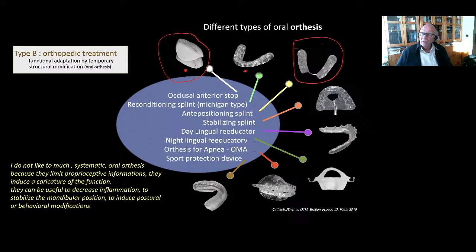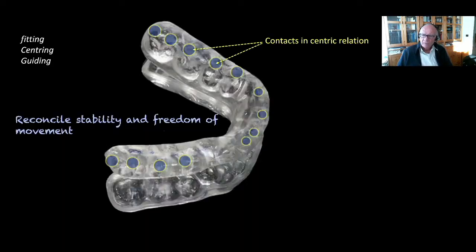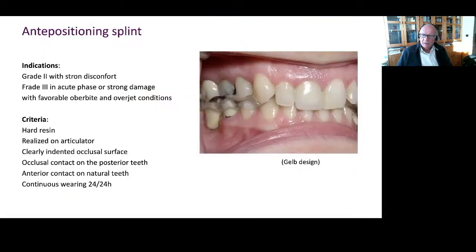It is a mandibular splint with resin on the posterior, lateral part, and a metallic bar for the connection. And so the patient can wear the splint also during the day.